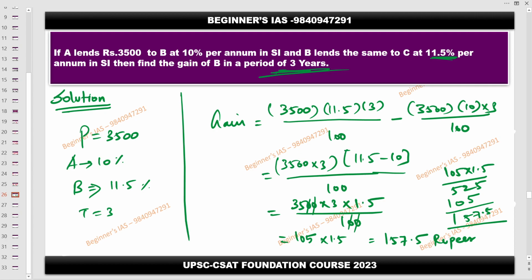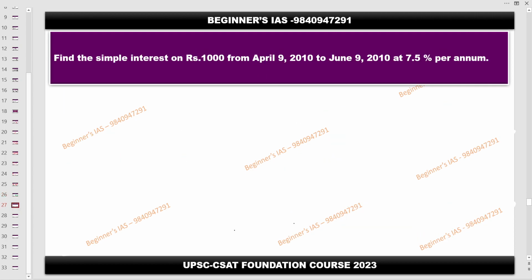Shall we move on with the next question? This is the date. So important question. Question looks very simple. You may get this kind of questions. Understand the question first. If the simple interest on rupees 1000 from April 9, 2010 to June 9.